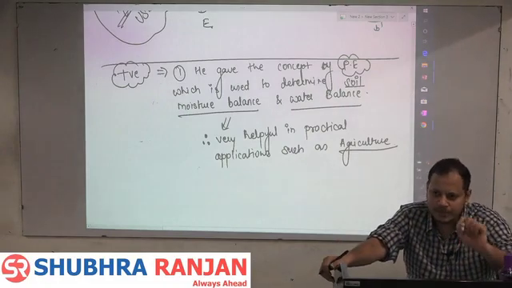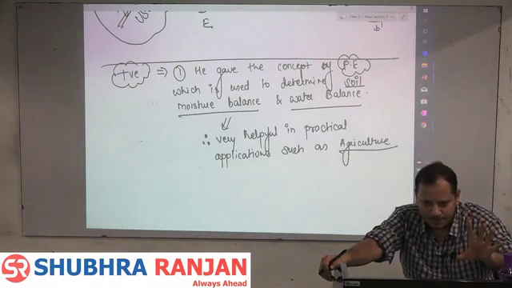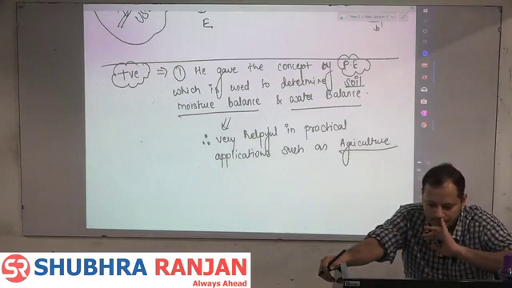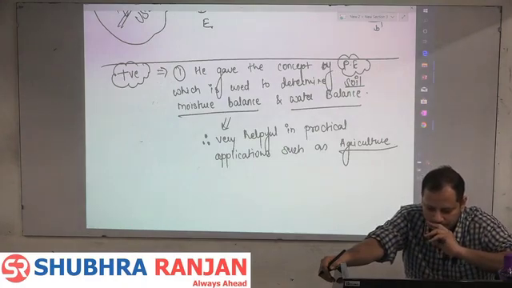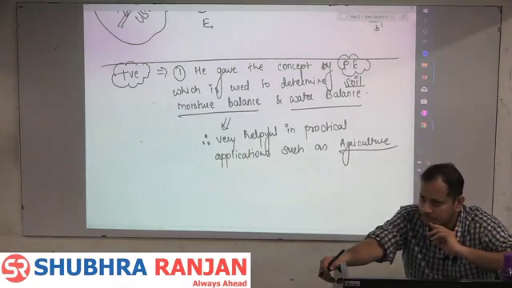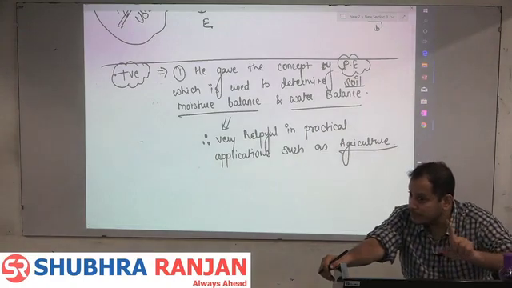See, the one who is correct will always be complex, right? How is Köppen different from Thornthwaite in the second classification?